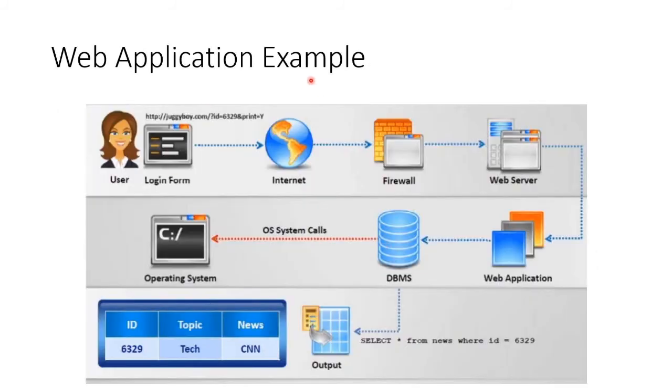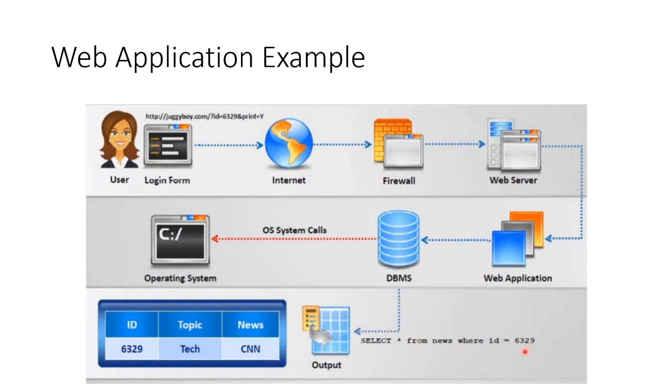So here's a web app example. Here's the user, they log in. They go across the internet, they go through the firewall, they go to the web server. Like I said, they go to the web app, which talks to a database, which might make operating system calls to grab files. And then hopefully we're running legitimate database queries like select everything from the news table where the ID is something.